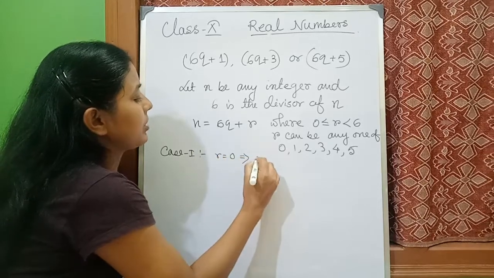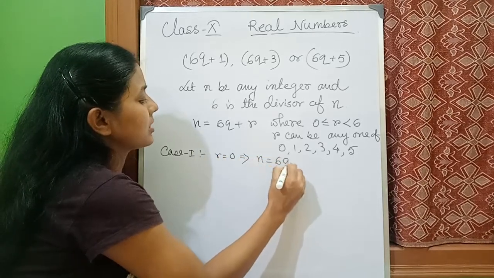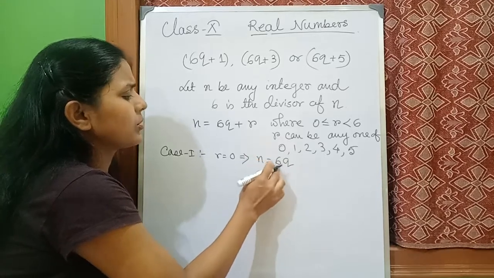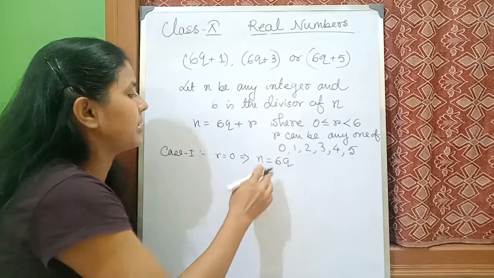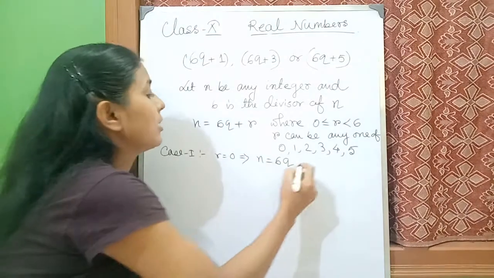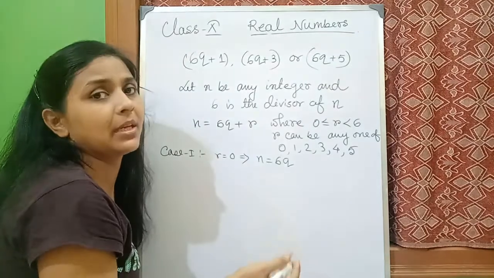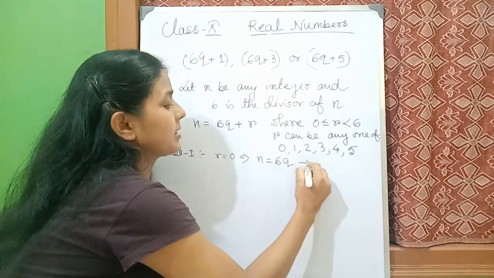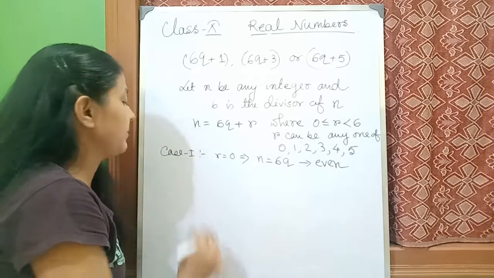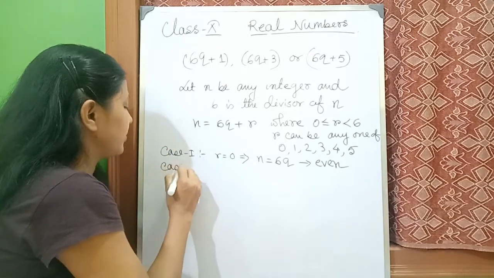r equals 0 implies n equals 6q. It is quite obvious n equals 6q is an even number. An even number multiplied with any integer will give us an even number again. That means this is even. Okay. Case 2.